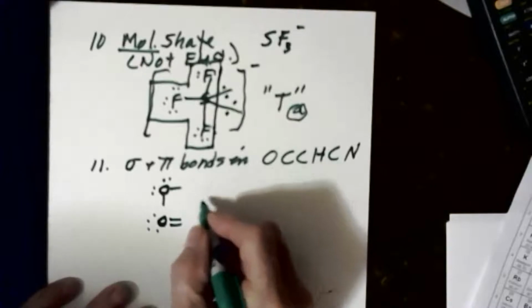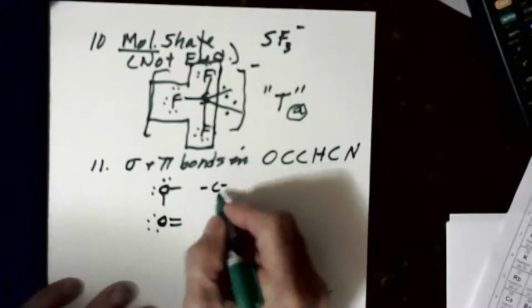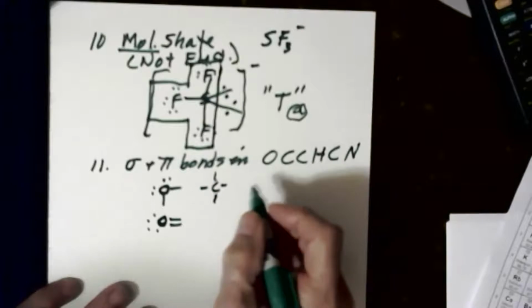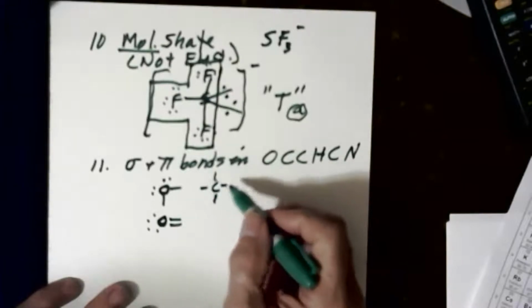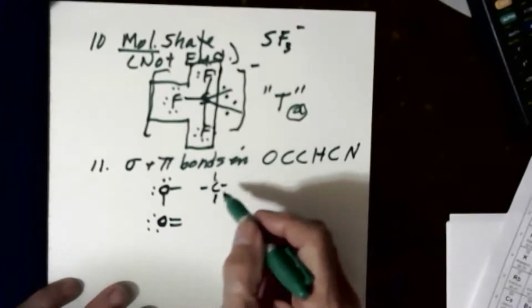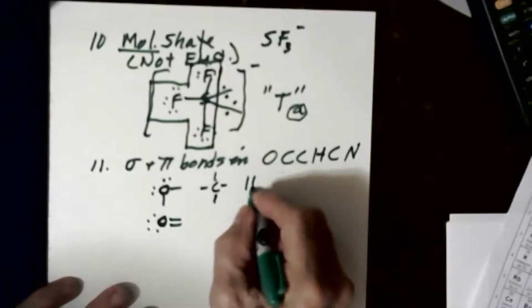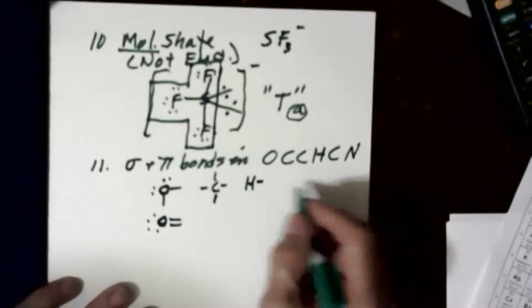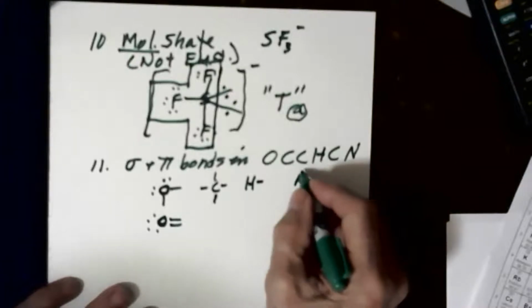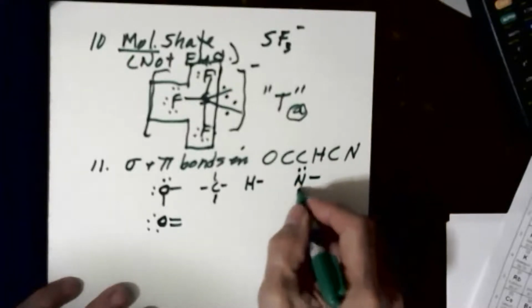Carbon has to have 4 bonds. And again, we saw all the permutations a while ago. 2 singles and a double, 2 doubles, a double and a single. And then, of course, hydrogen can only have 1 bond. And nitrogen has to have a lone pair and 3 bonds.